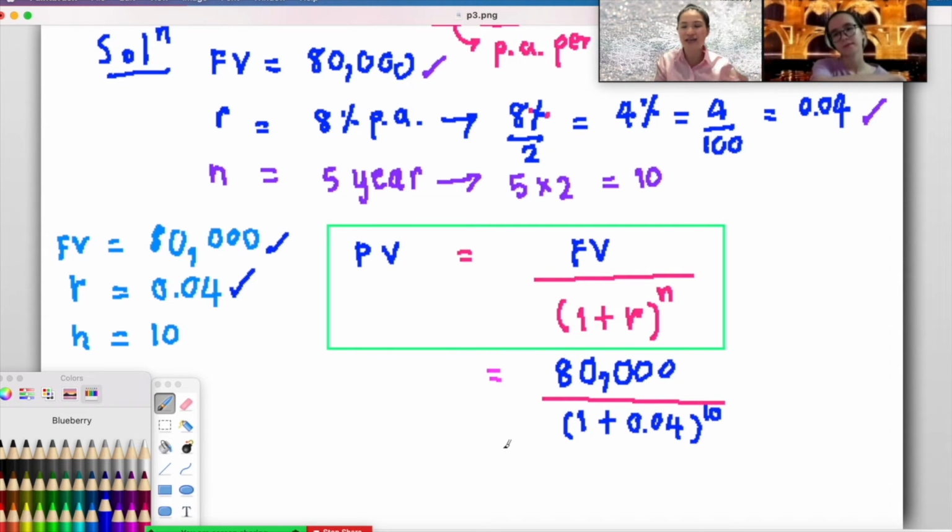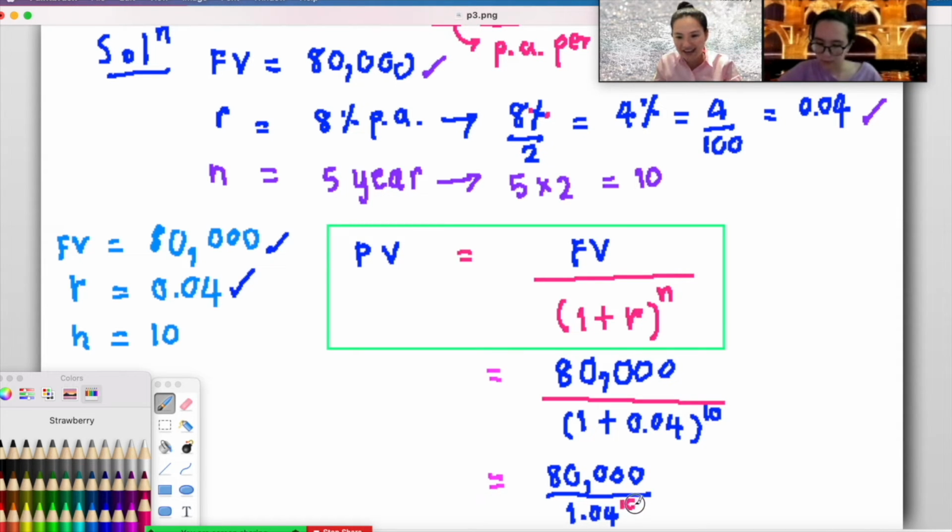Now, let's try to find the answer. Really easy, but if you want me to write it out properly for you, it equals 80,000 divided by 1.04 to the power 10. Let's go. Use your calculator together.